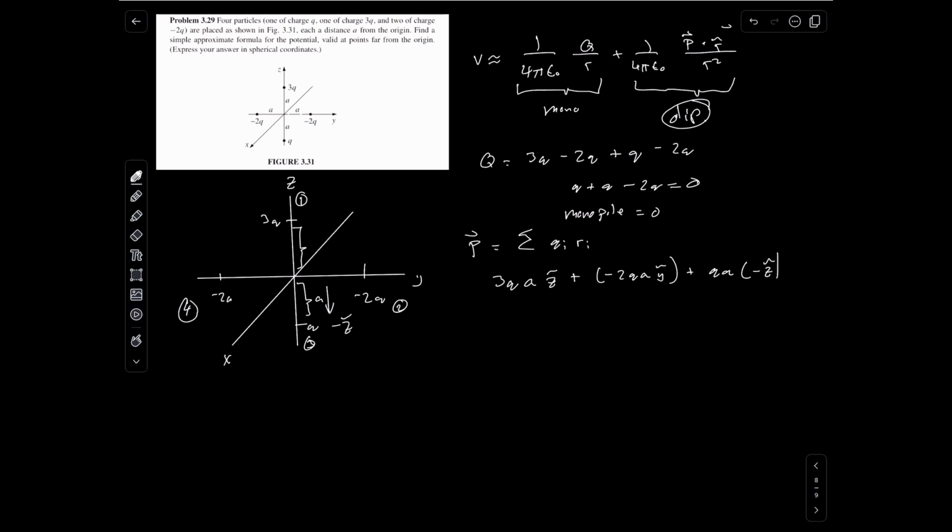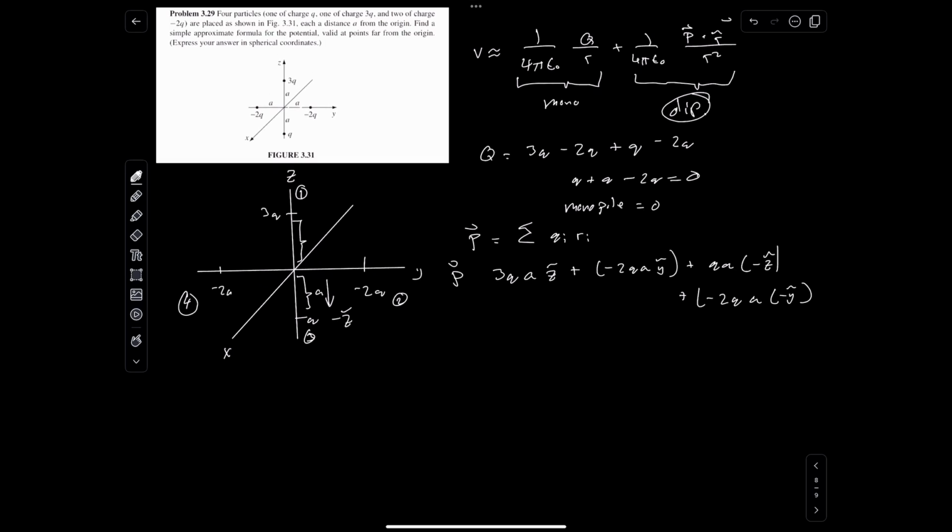And so our final charge would be in the negative y hat direction, which is just negative 2qa negative y hat. I just put it there because it doesn't fit on my screen.